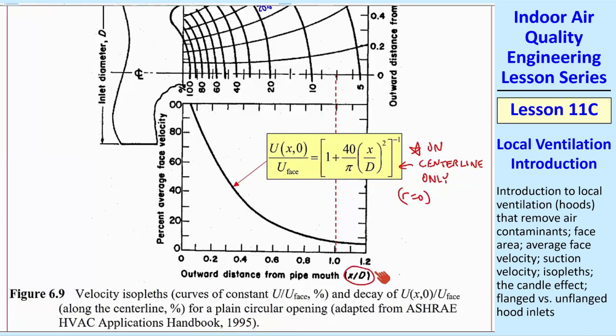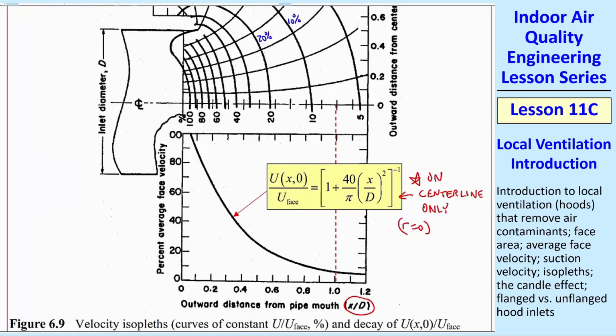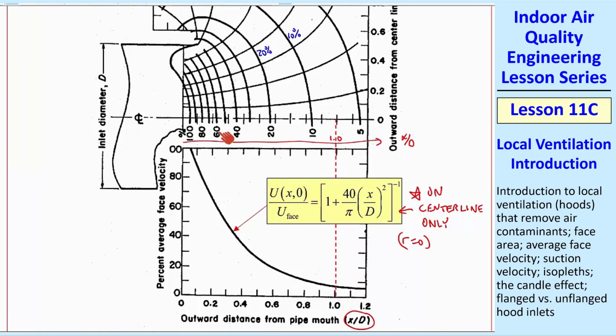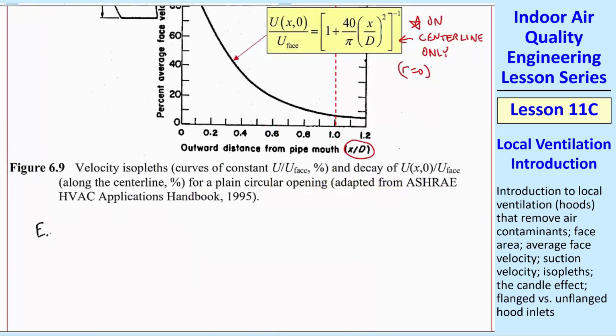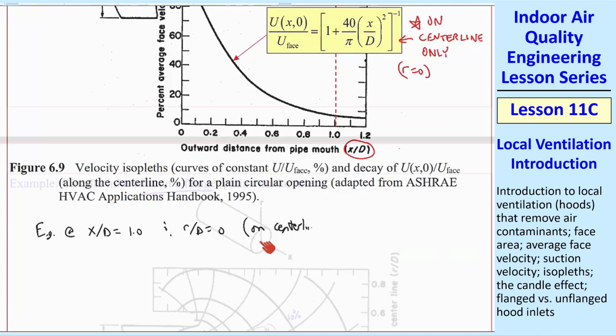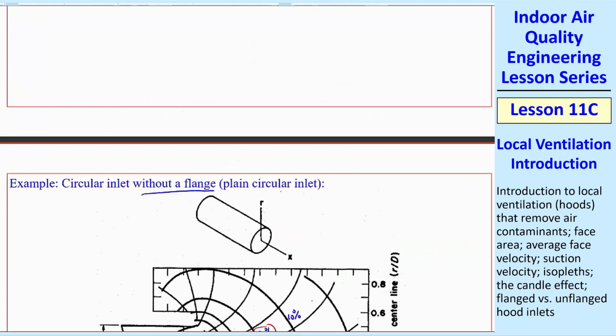We're plotting x over d here. The same axis applies to this upper plot. If I could duplicate that, x over d 1.0 would be there. You have to kind of draw a line up to see where you are. These are the isopleth values, the 20%. For example, at x over d equal 1.0 and r over d equals 0, in other words, on the center line, we're just coming straight out to 1 if this is 1 diameter, about that distance.